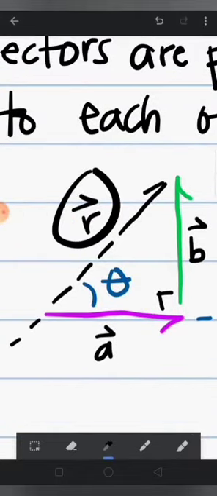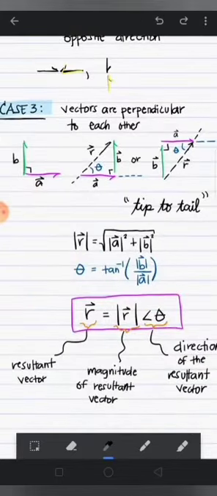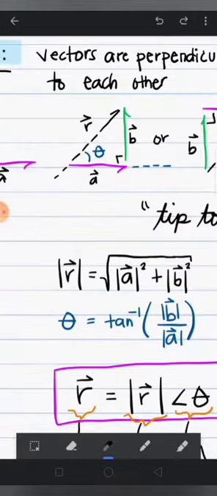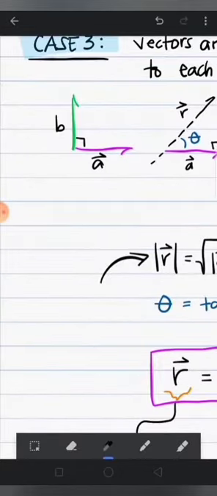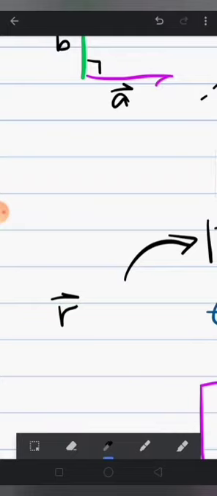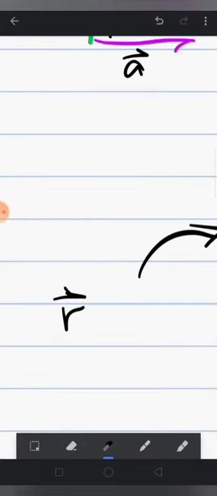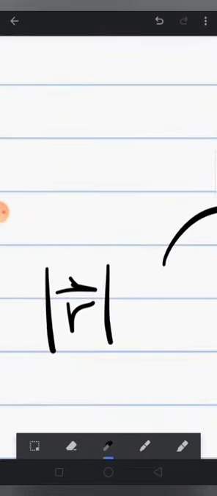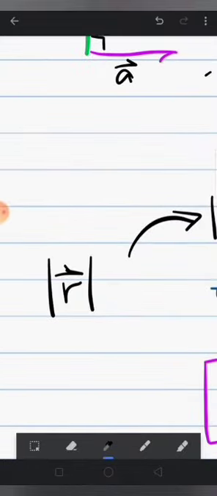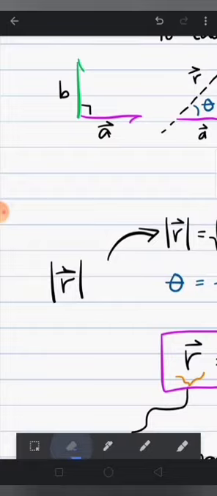That will give this, right? The resultant is a vector R. If we are concerned with just the magnitude, a fancy way to say the magnitude of the vector, we write it like that. In math you would call it the absolute value, but in vectors we call it magnitude.